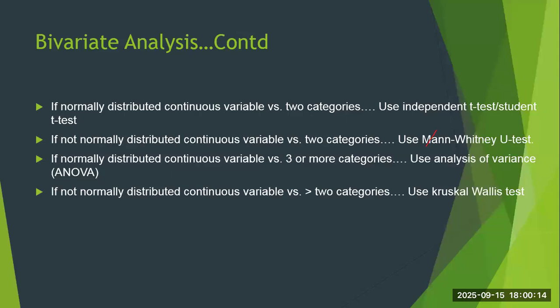With that post hoc test, we now compare them. We compare sickle cell crisis and steady state, crisis and the healthy people, steady state and the healthy people, and then give you their p-values. That's what you do for you to be able to say where the significance lay in this regard.